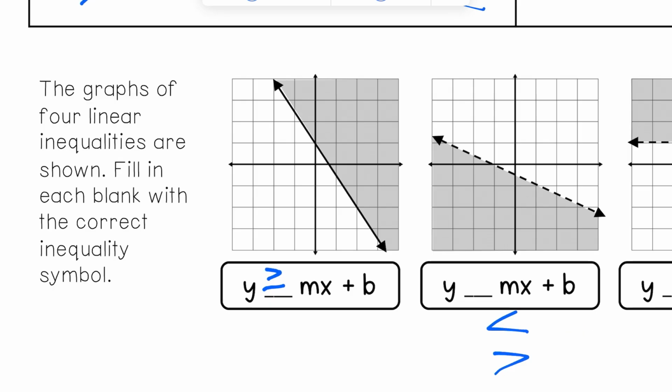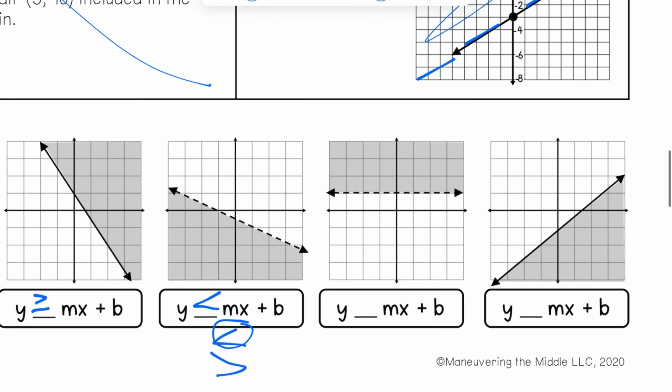So it's not one of those. And it's shaded below the line where all of my y values decrease. So it's the y values that would be less than this one right here. So I'm going to say y is less than.